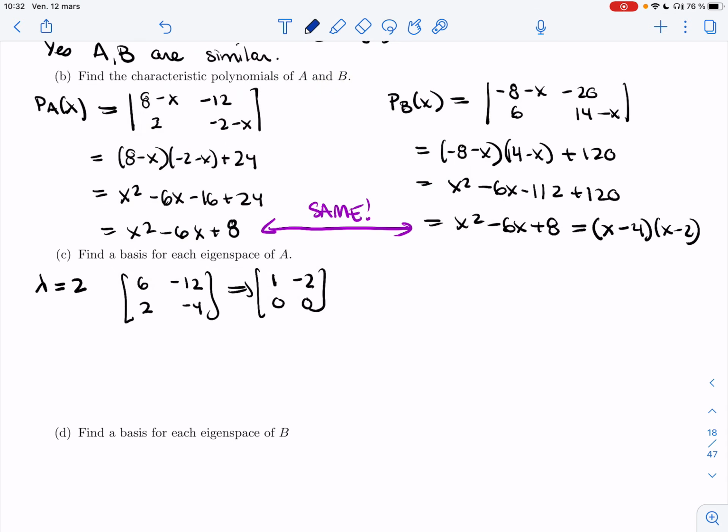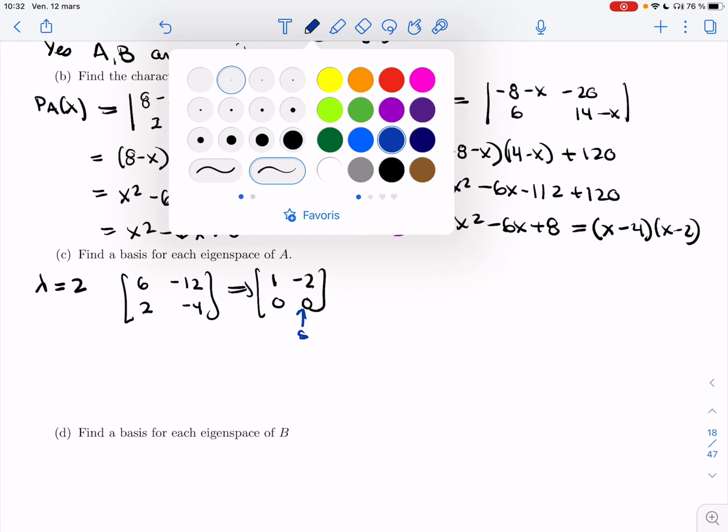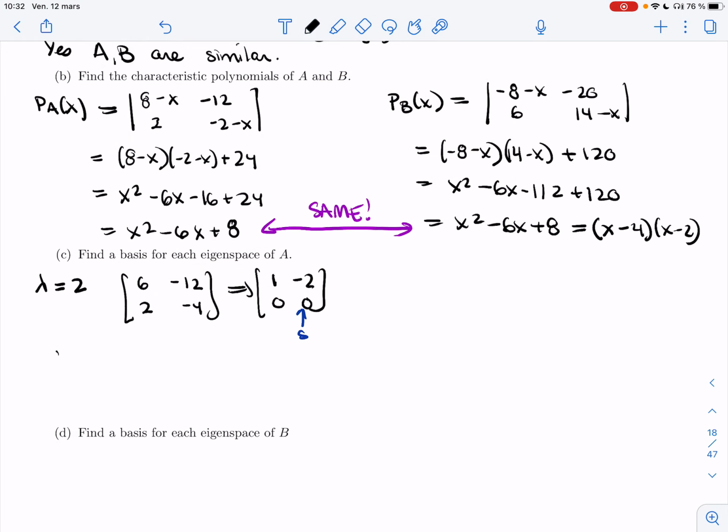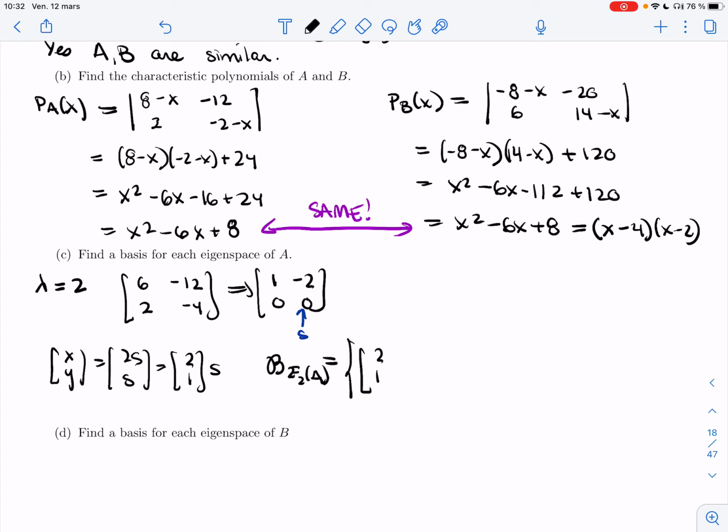I have s. And so I get x, y, x is 2s, y is s, so I get 2, 1 times s. So my basis for E_2 of A, let's be precise because we have two matrices here, I don't want to get confused, is (2, 1).